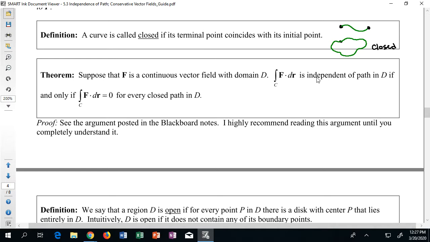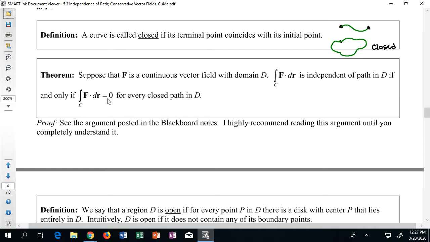It's saying that independence of path is linked to integrals along closed paths equaling 0. These work integrals along a closed path must be 0.